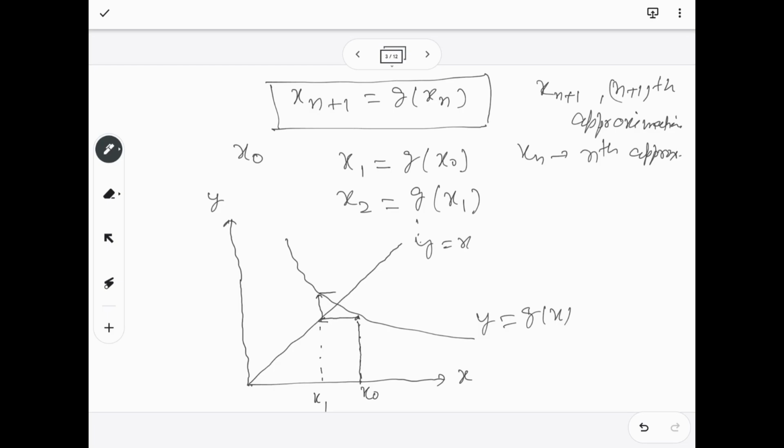Then I draw a horizontal line, a vertical line, and this is my third approximation, and so forth until I reach the root, which is the intersecting point of y equal to x and y equal to g.